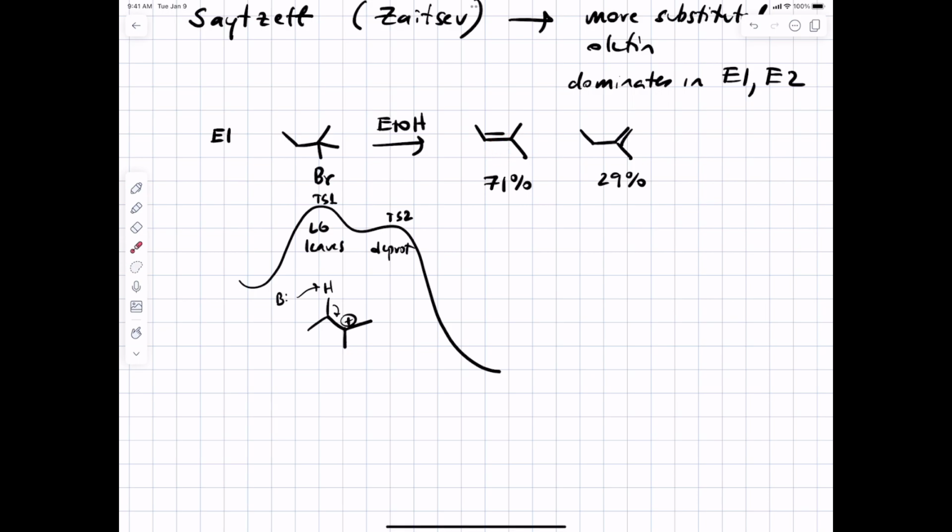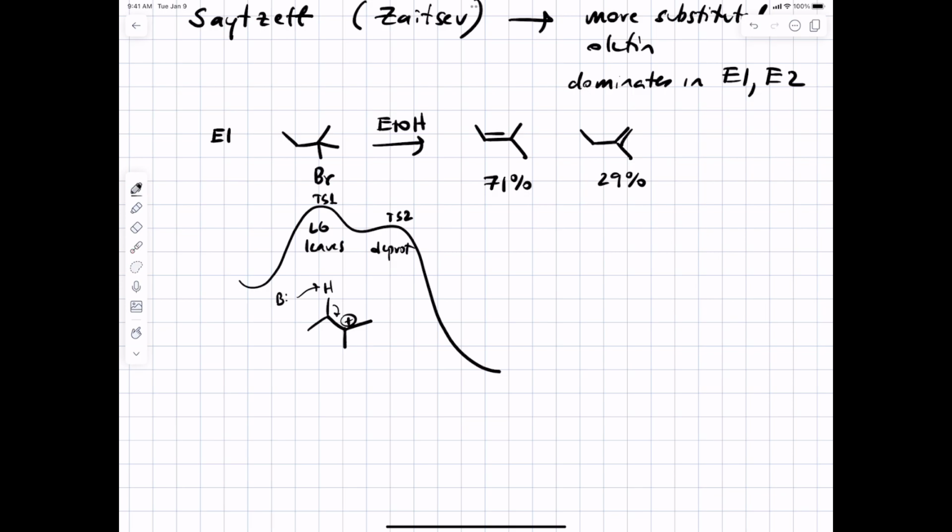I'm not sure how much I believe that, in part because this is not the rate determining step, and so to argue for some kind of selectivity to be controlled by not the rate determining step is a little bit troubling for me.